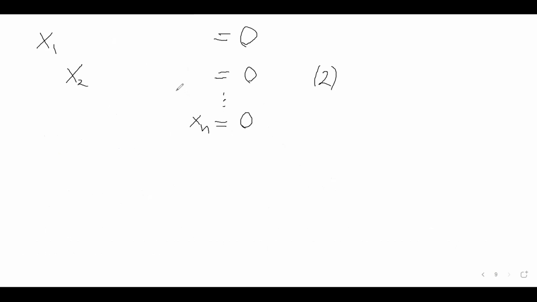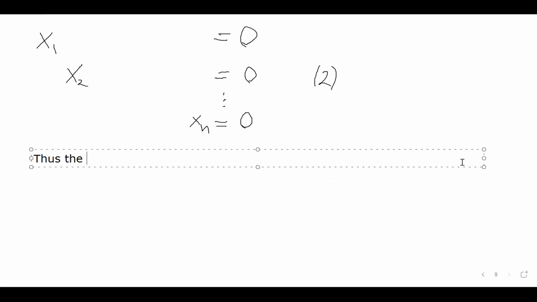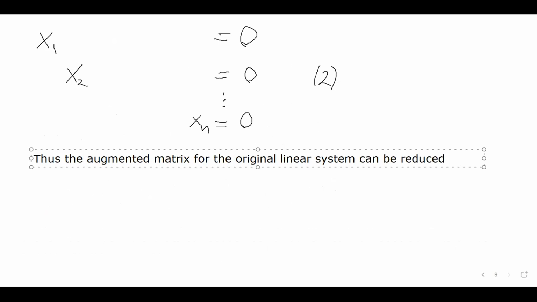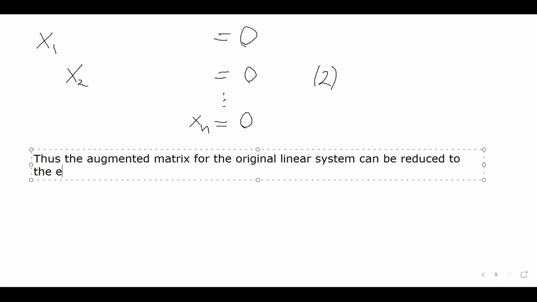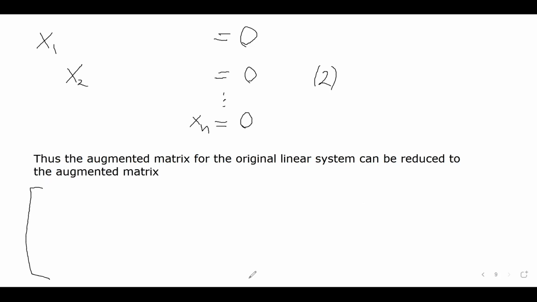And so what does this tell you? Thus the augmented matrix for the original linear system can be reduced to the augmented matrix where you have 1, 0, 0, ..., 0, and then this is the column of zeros at the end.